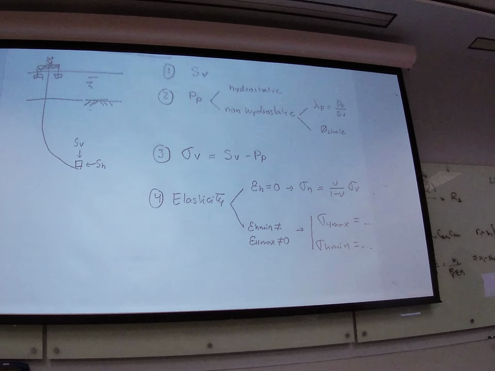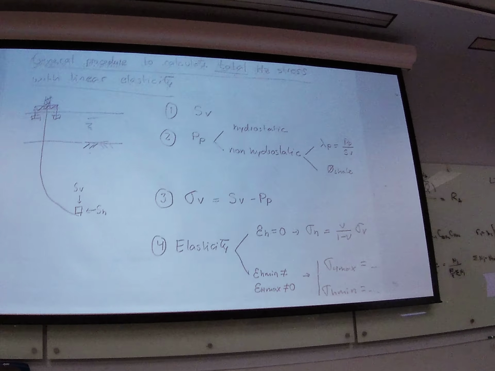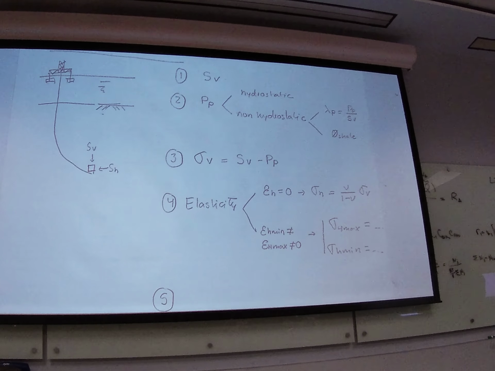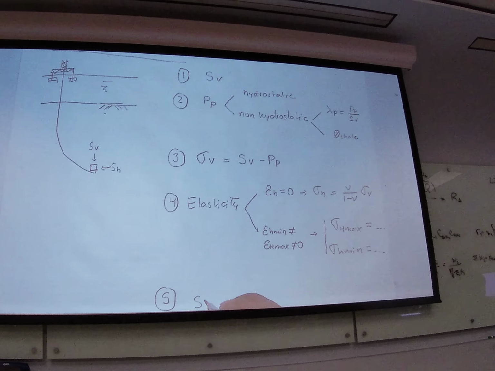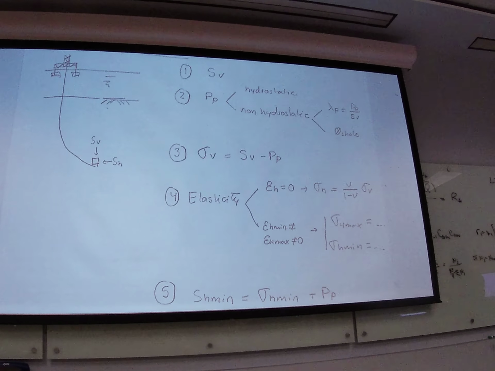The last step, because we want to compute total horizontal stress, is to add pore pressure to the effective stresses. So the minimum total horizontal stress is going to be equal to sigma h min plus the pore pressure, something that you already know, and the maximum total horizontal stress is going to be sigma h max plus pore pressure.